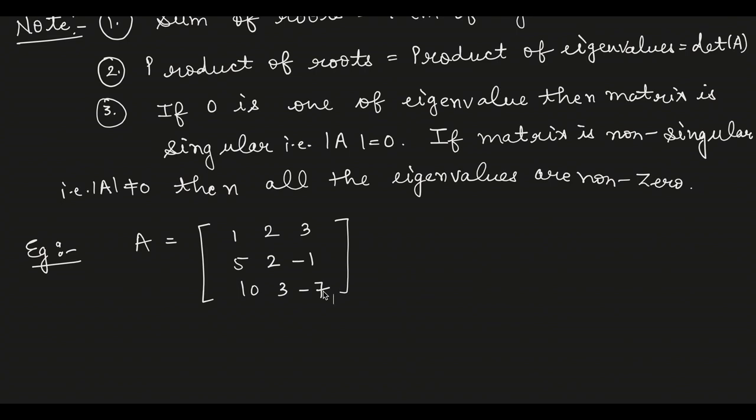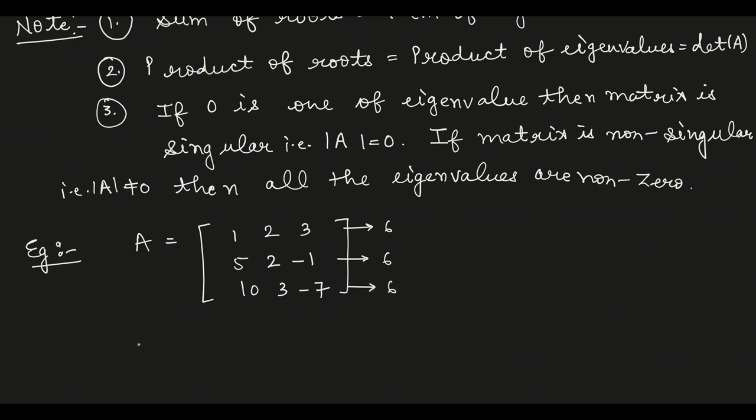Now I need to find the eigenvalues by using a simple trick: if each column sum or each row sum is the same, then one of the eigenvalues will be that sum only. Here row sum will be 1 plus 2 plus 3, 6. 5 plus 2 minus 1, 6. 10 plus 3 minus 7, 6.